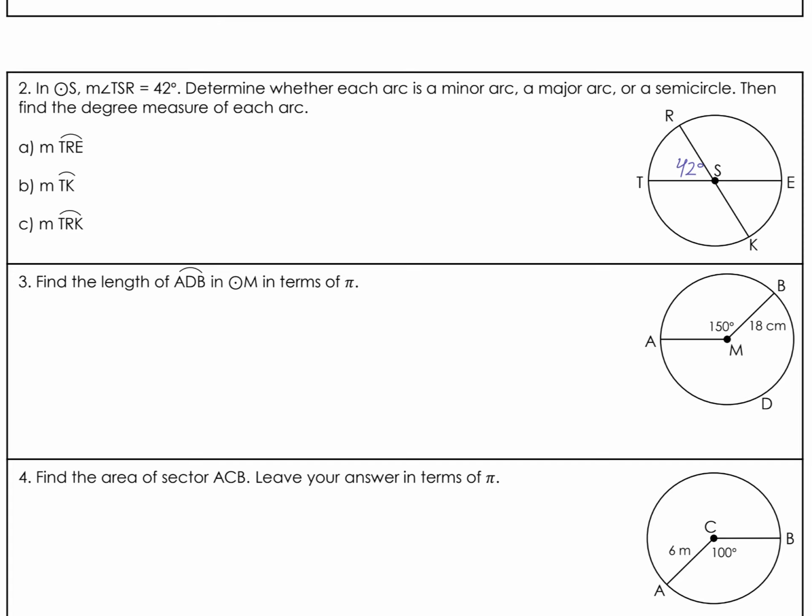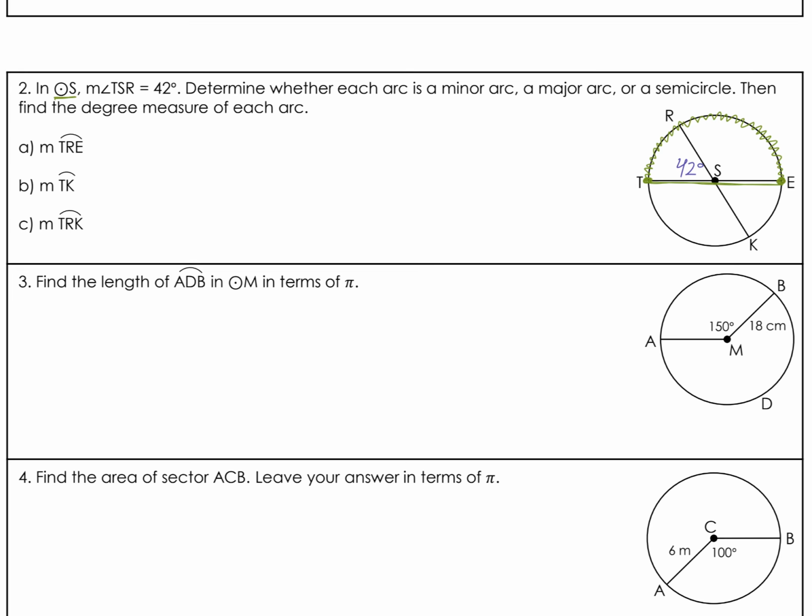Okay, so here we have, starting off, the measure of arc TRE. So I'm going to start at T. I'm going to make my way towards that R before I get to E. Well, I noticed that the line here that is formed from my two endpoints of that arc is a diameter since it goes through the center, S. To clarify, going back over here, when they name a circle, you name it by the center.